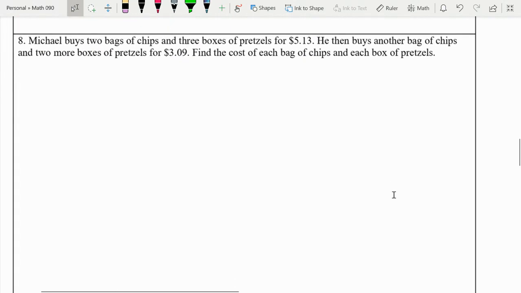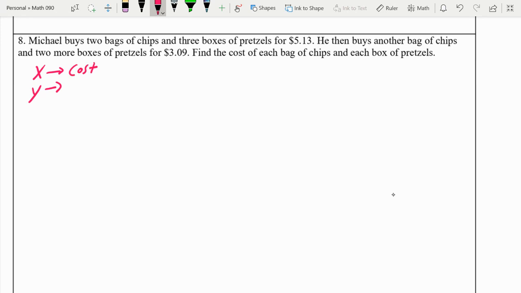All right, number 8. Again, I need X and Y. And what are they asking? Find the cost of a bag of chips and pretzels. So I haven't even read the problem, but what does X represent?